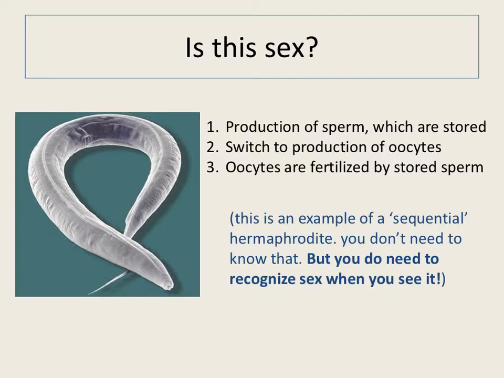So they're hermaphrodites. That means they can produce male and female gametes. A lot of plants are hermaphrodites, right? A flower will produce pollen and ovules, okay? Usually, there's mechanisms to stop them from fertilizing themselves, but not always.